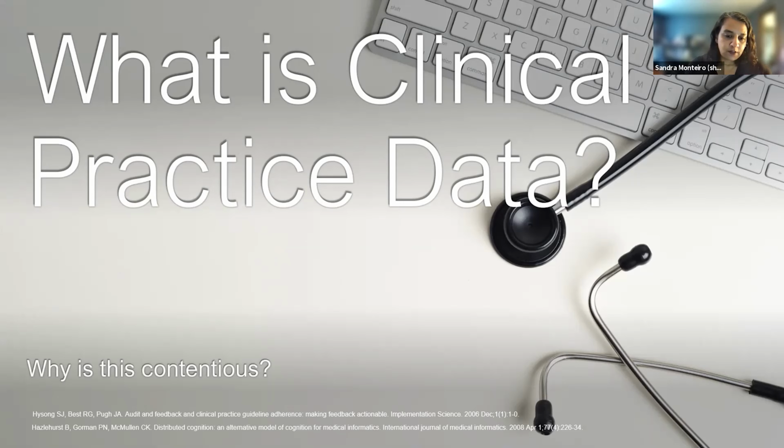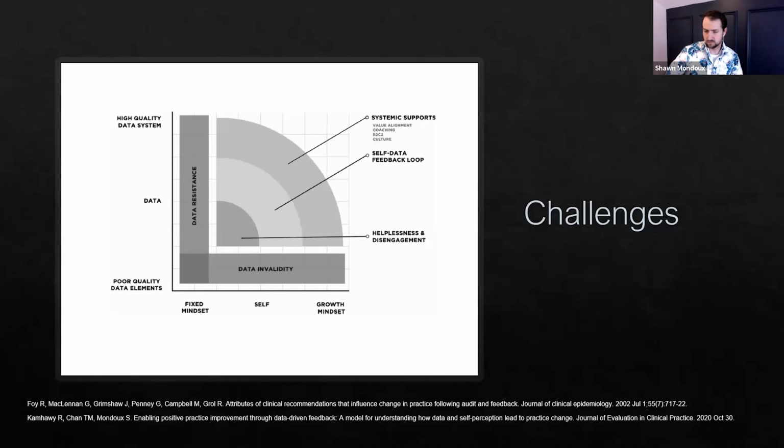In terms of the area of psychology around getting feedback and resistance to change, this diagram here, taken from a study that Sean and Teresa Chan contributed to, really simplifies down in one picture the major challenges that clinicians might have with accepting practice data.